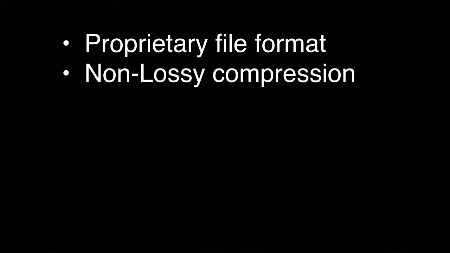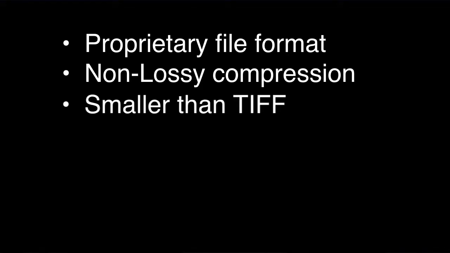The final photographic file format to discuss is known as RAW. This is a proprietary file format specific to each camera manufacturer and sometimes even to specific models of cameras from the same manufacturer. The advantage of RAW is that it's also a lossless file format, typically smaller in physical size than the TIFF file format.